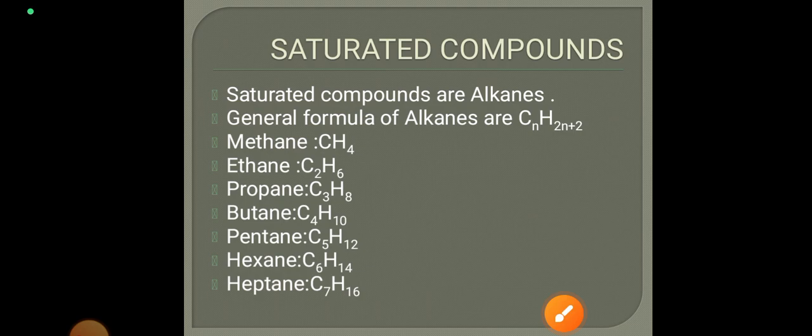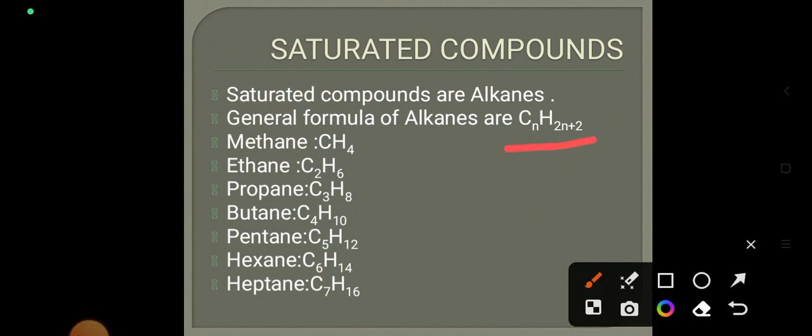In general, there is a general formula for alkanes. The general formula for alkanes is CnH2n+2, and you go on substituting the n value. For methane, n is the number of carbon atoms. For the simplest hydrocarbon, methane, the number of carbon atoms is 1.